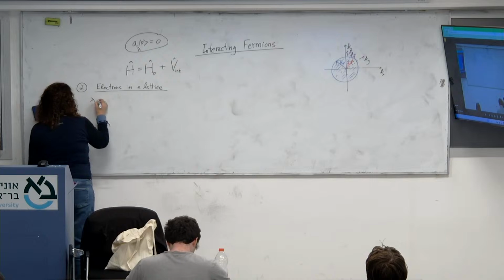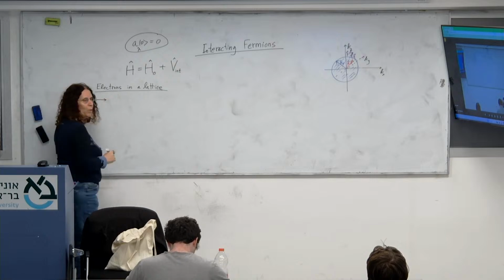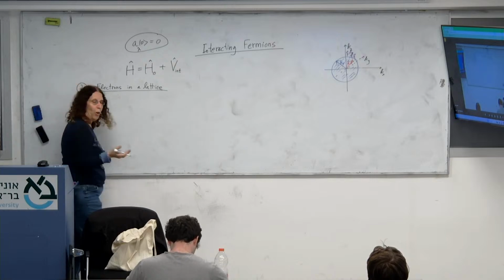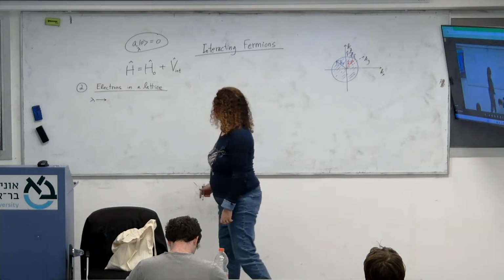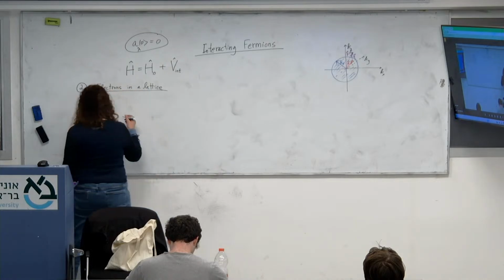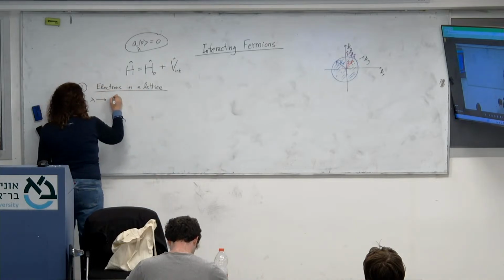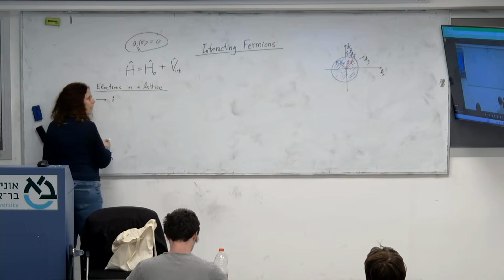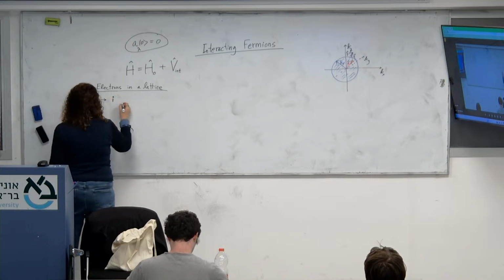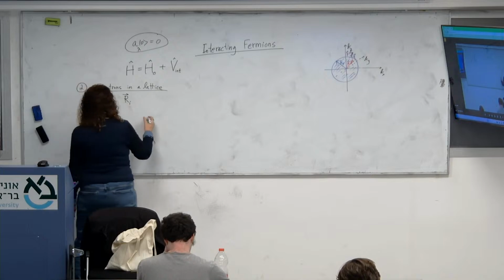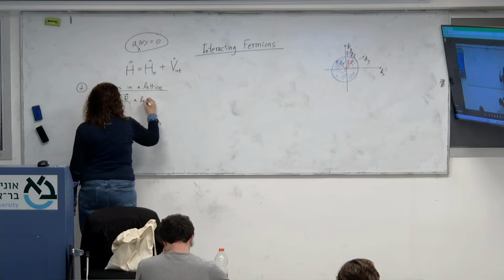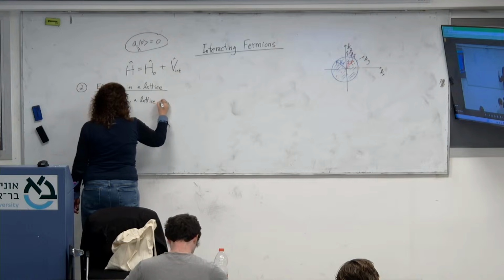Okay, so we're going to assume that the useful quantum numbers for us, apart from, of course, the spin, which is very important, is not K, but it's what I will denote by i, an index that corresponds to R_i, a lattice site.